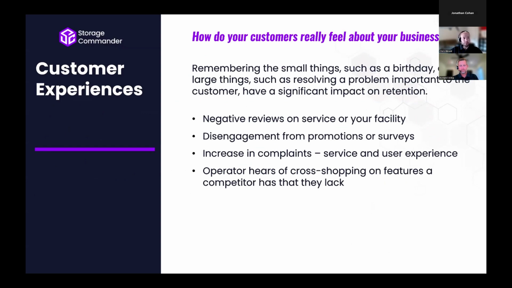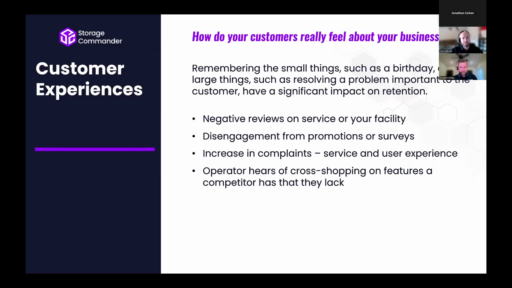How do your customers really feel about your business? It's important to remember those small things, but also it's important to look at these subpoints and understand how to resolve them. So negative reviews. You don't want to just look at the star ratings. You want to try to read between the lines, look for frustration or disappointment.